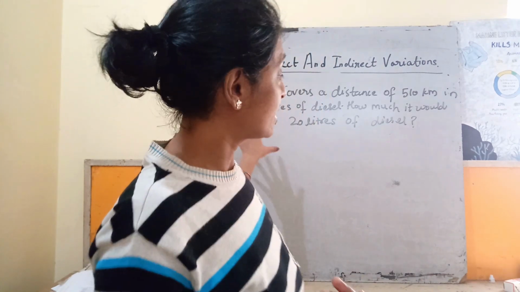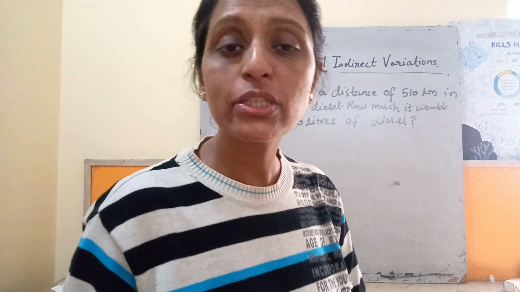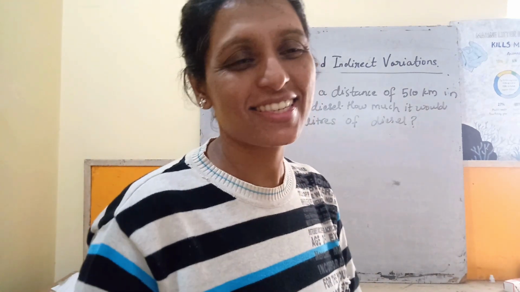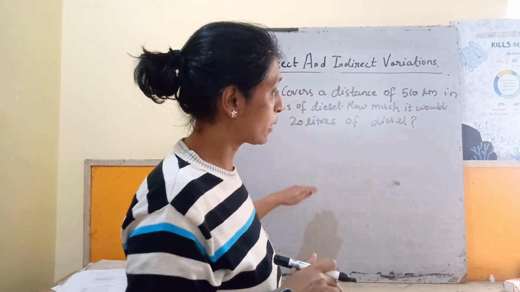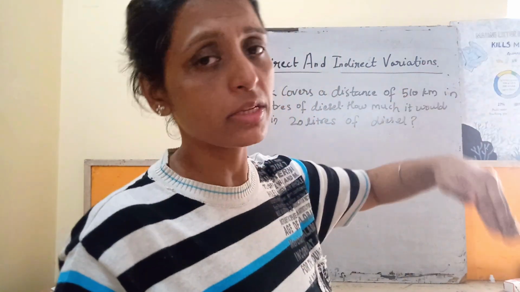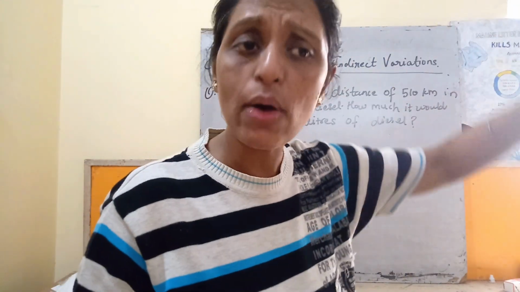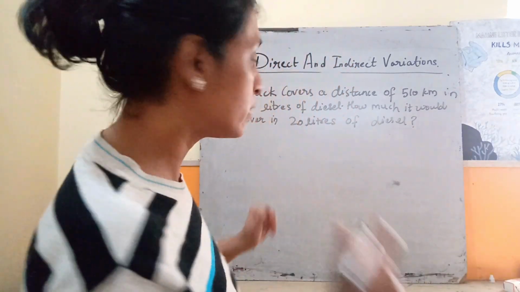So these two quantities are in which variation? Yes, direct variation, because when the quantity of petrol is more, the distance traveled is more, and when the quantity of petrol is less, the distance traveled will also be less. Let's see how to solve this one.